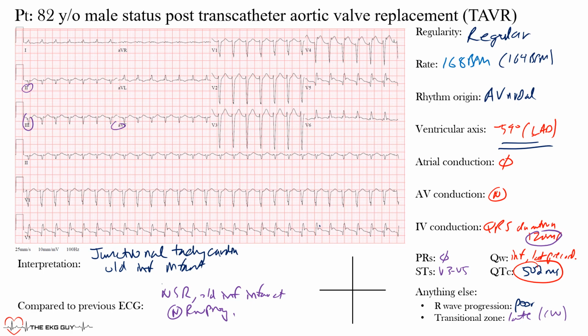There's also an anterolateral injury pattern, okay? You see that poor R wave progression, so we'll note that here. And then there's this area, V3, V4, and V5. There's this acute, almost anterolateral, so we can say anterolateral injury pattern.